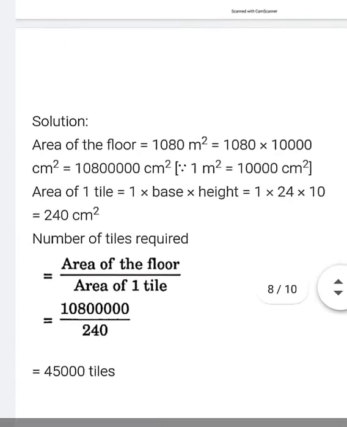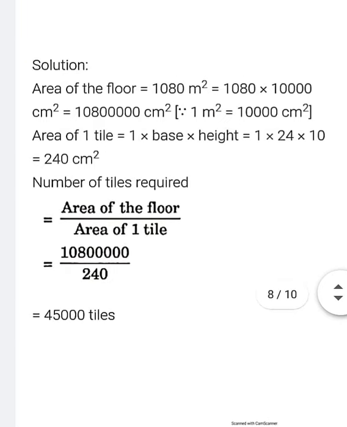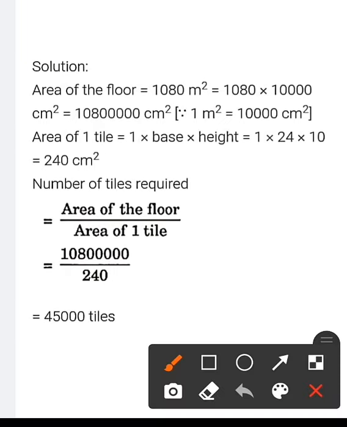So moving ahead with the solution part. Number of tiles required will be area of the floor divided by area of one tile. So we divide these two, and you will directly get the number of tiles. So already we have both. 108 and this 00005 divided by 240. Now you need to do cancellation properly.